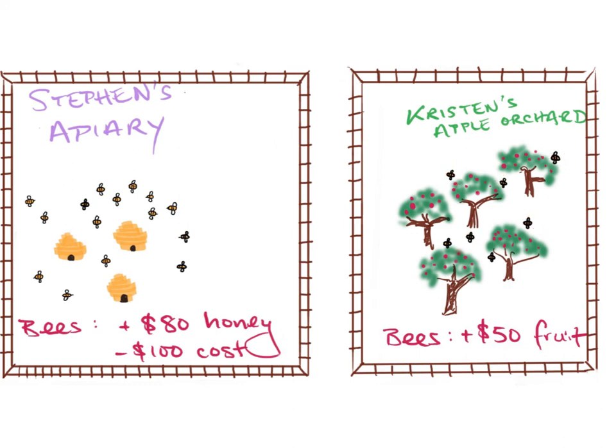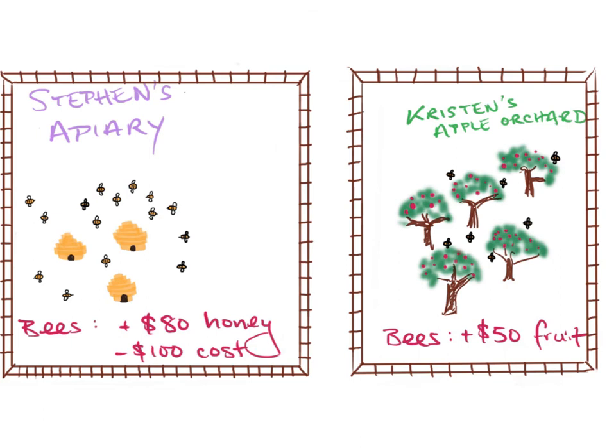Those are honeybees. They're flying around and getting nectar out of the flowers, bringing it back to their hive to turn into honey. But as they do that, they inadvertently pollinate the flowers, and Kristen gets more fruit because of that. So the bees bring Kristen $50 of extra fruit.